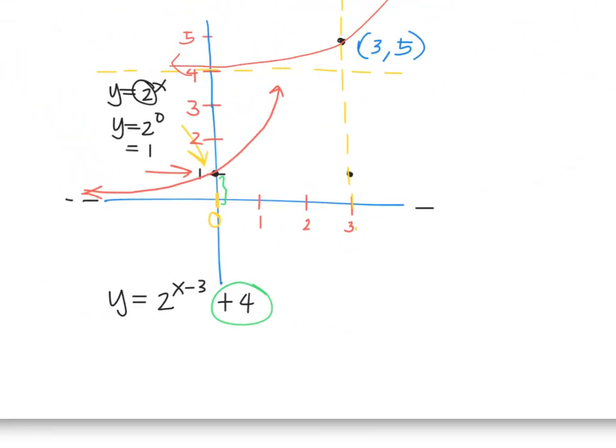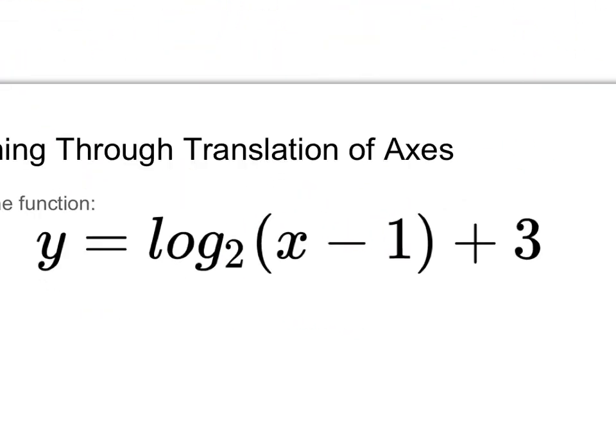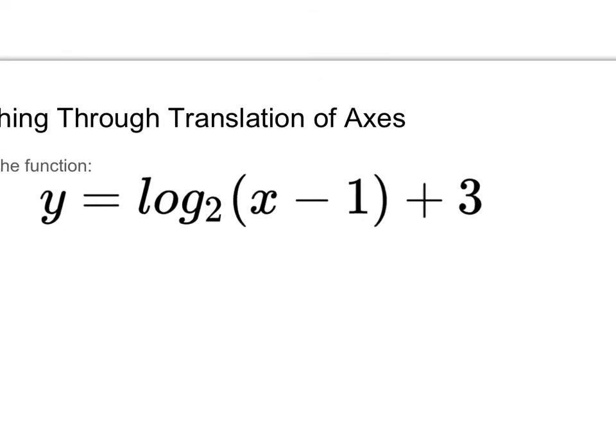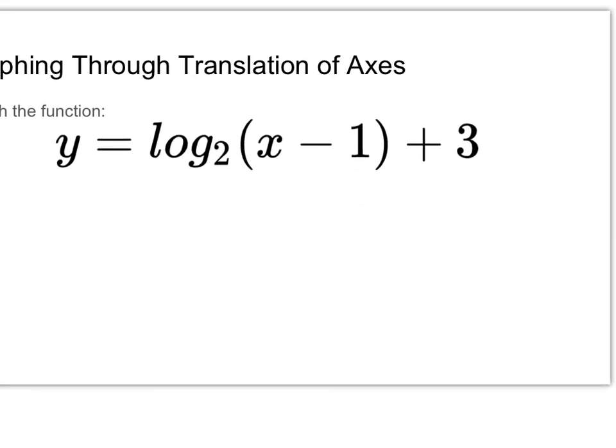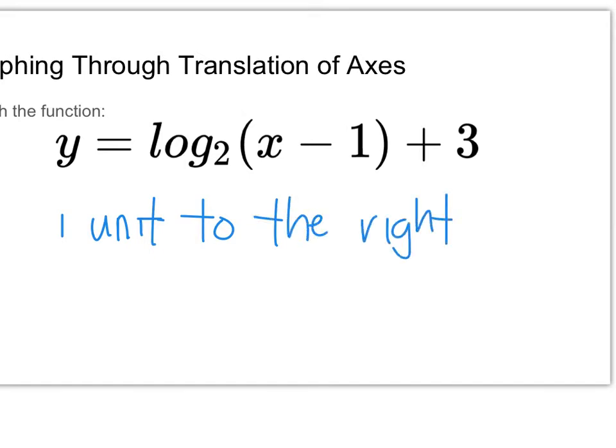Let's check the next. How do we graph y equals log base 2 of x minus 1, plus 3? The translation will be, let's describe, 1 unit to the right, and what else? 3 units up.